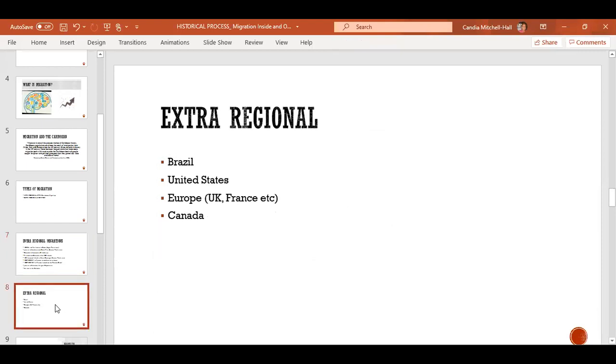Now, extra-regional migration: Caribbean people have also migrated to places like Brazil. Most of us have family members in the United States, Canada, and Europe, especially the United States. So for extra-regional migration, these are some of the areas that we would have gone.